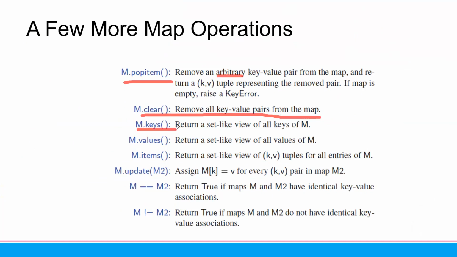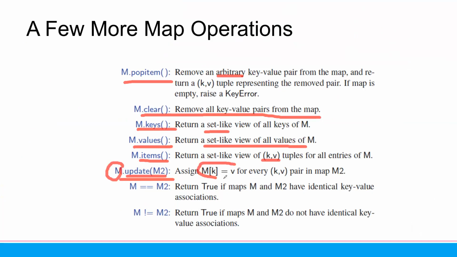If I want to check the keys, then I would get a set of the keys. If I want to check the values, then it is a set of all values. If I want to check the items, then I would check the set of (k, v). If I want to update, m.update(m2), m is updated with m2.